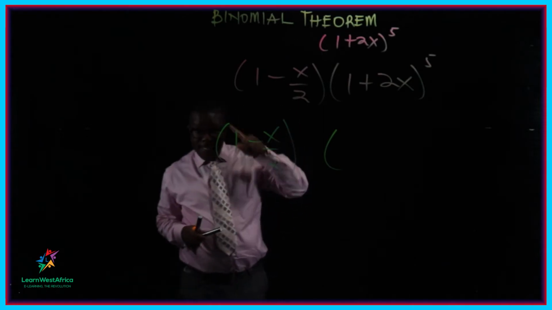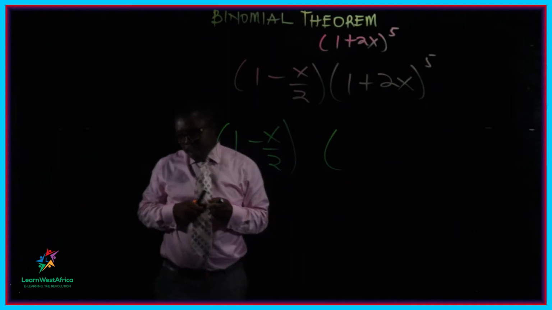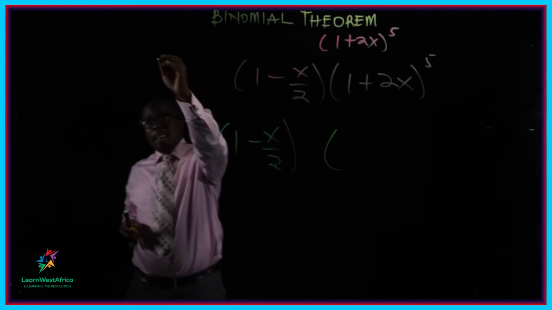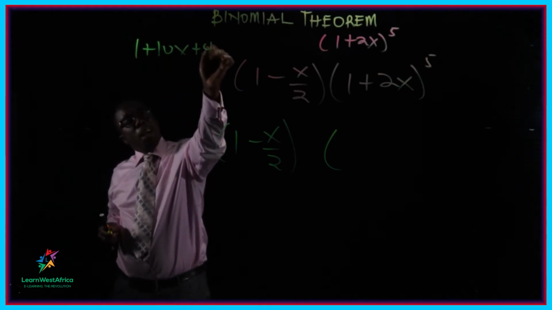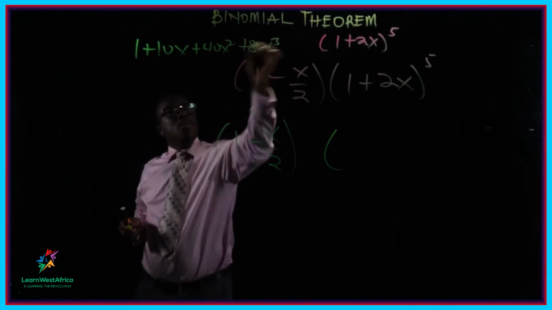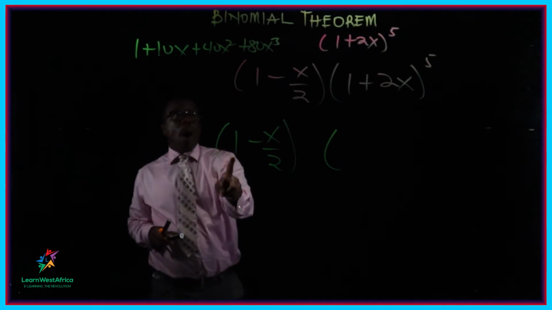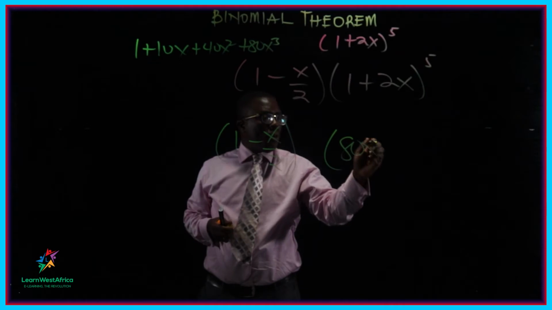And remember that in the first part of the problem, when we wrote out the value, let me just write it here for purposes of emphasis. I think we had 1 plus 10x plus 40x squared plus 80x cubed. Remember, this is what we got when we expanded it to the fourth term. So 1 will multiply the 80x cubed. So 80x cubed will be a candidate here.